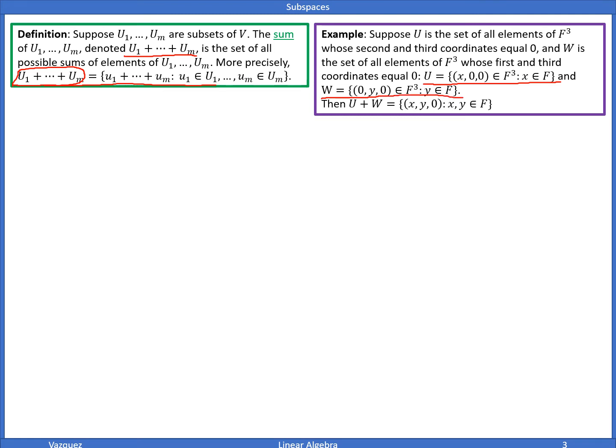And if we were to add those two subspaces, we would get something like this. Here x could be any element of F. Similarly, y over here can be any element of F. We just add those, and now it becomes this new space, U plus W.